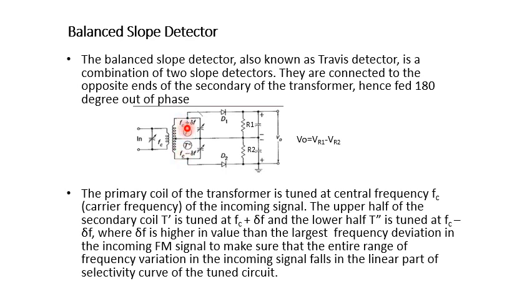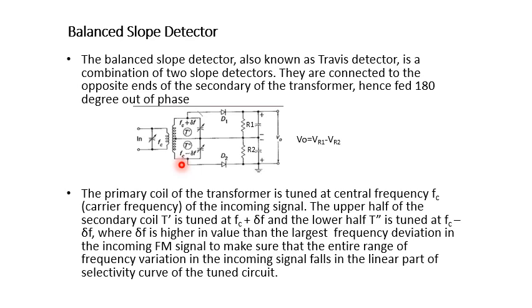As in the case of slope detector, in this case also Fc plus delta F is quite higher than the largest frequency in the FM wave or the incoming frequency modulated signal.